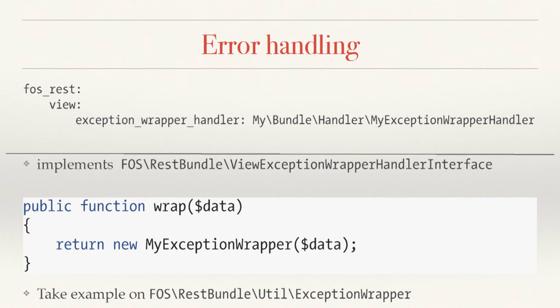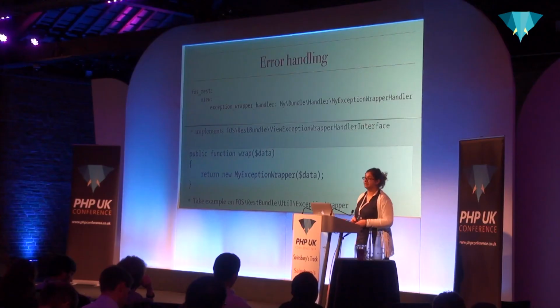Because remember, it's about serializing all the time. And serializing one exception or another could be quite different, and your consumer could have some trouble because the JSON would be different. So, really nice feature.